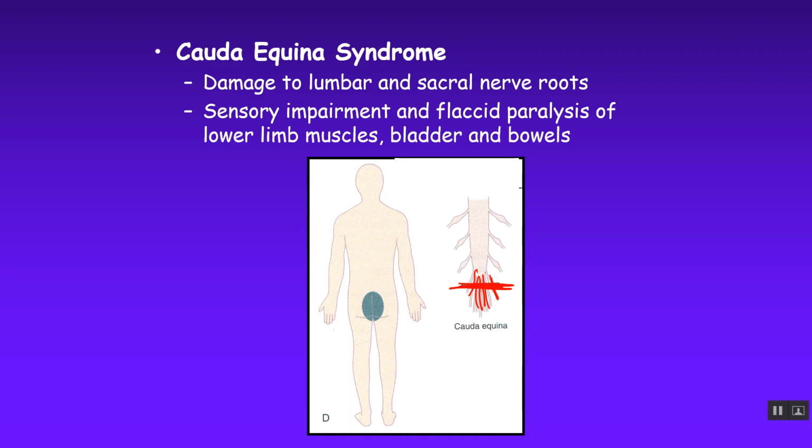It's also blocking all autonomic function, especially some of those S2 to S4 parasympathetic fibers. They're going to be more affected because that's where they're coming off. So bowel and bladder are going to be affected.